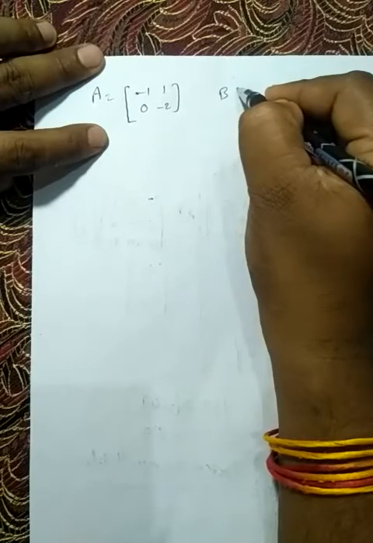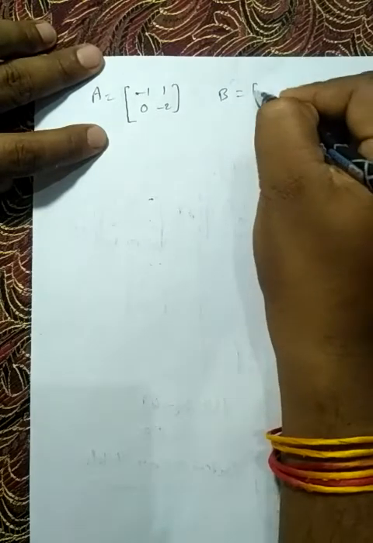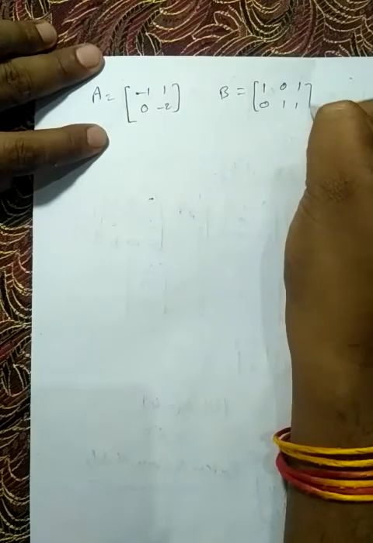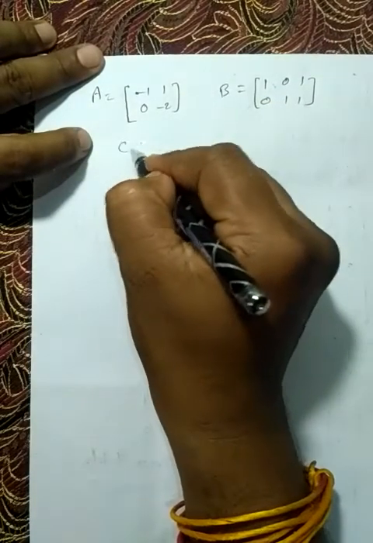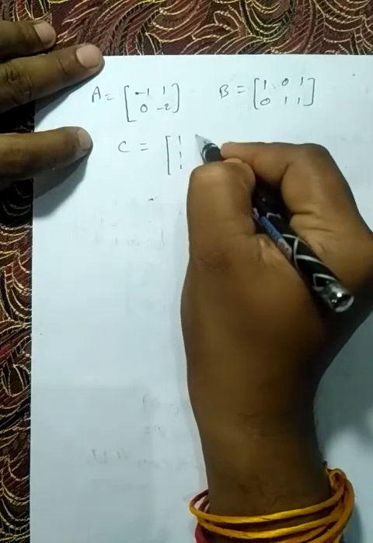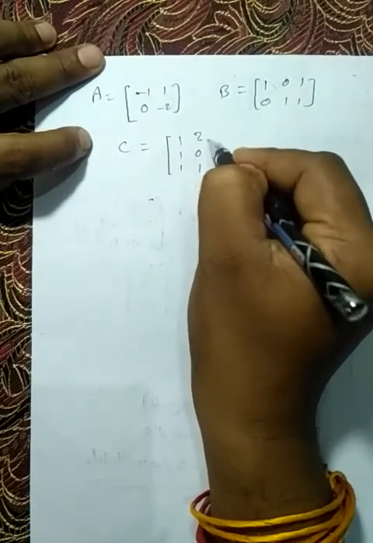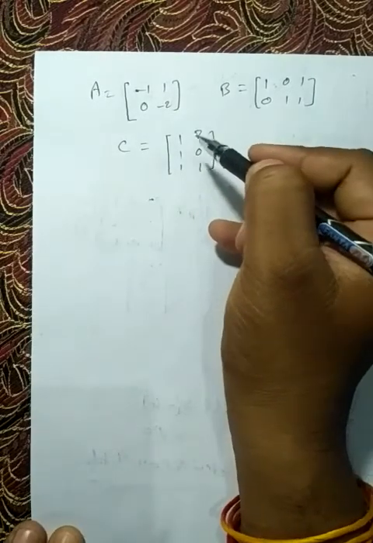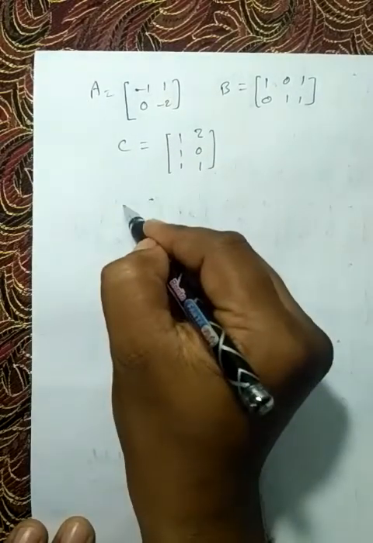Matrix B is like 1, 0, 1, 0, 1, 1, and matrix C is like 1, 1, 1, 2, 0, 1, right? And we have to find out the transfer function of the system.